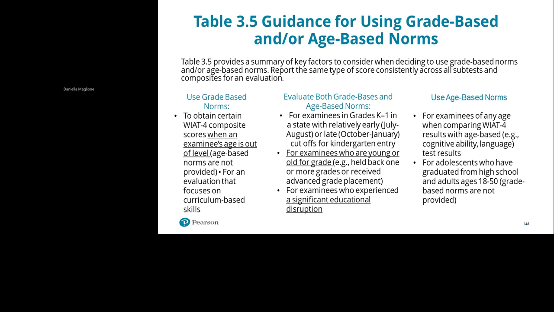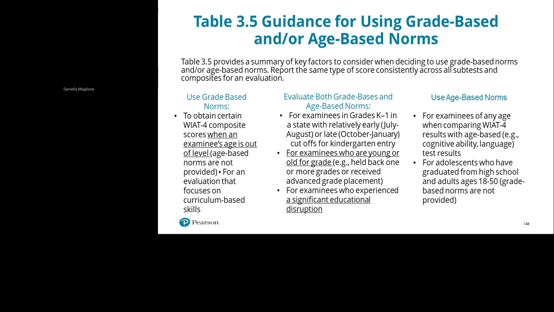Okay, so let's talk about the advantages of each. The advantage of using age-based norms is that the results can be compared to other age-based tests and reflect the skills of the examinees who are young or perhaps even old for their grade. However, they mix examinees with different amounts of curriculum exposure.